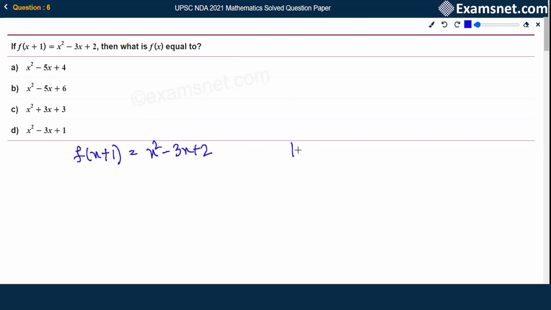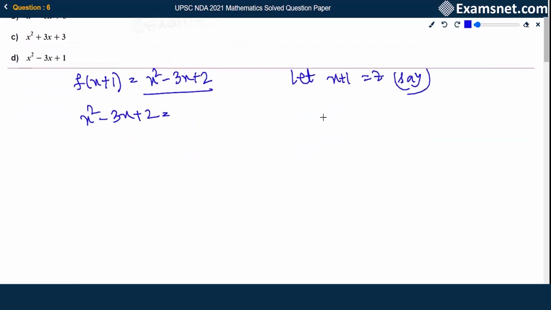Now, let x plus 1 equals to z, say, fine. And please factorize this polynomial x squared minus 3x plus 2. Let's do the factorization.